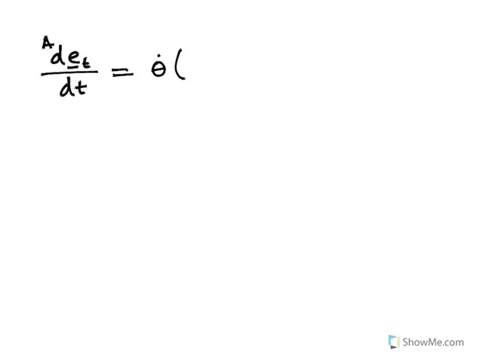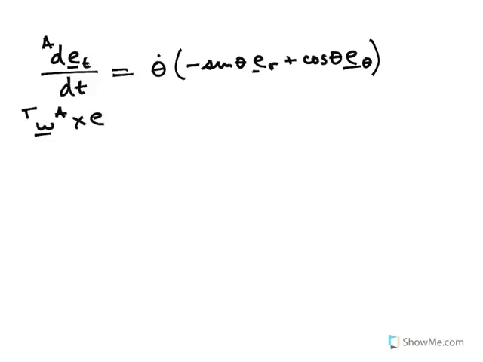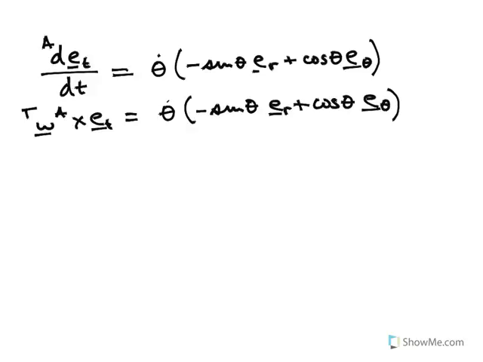I'm left with minus the sine of theta e_r plus the cosine of theta times e_theta. Omega cross e_t then, because it's the exact same thing, gives me theta dot times minus the sine of theta e_r plus the cosine of theta times e_theta.